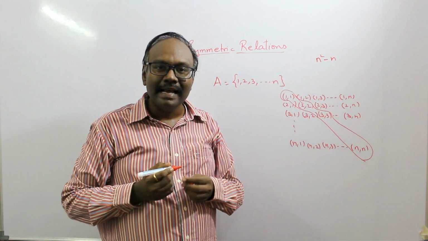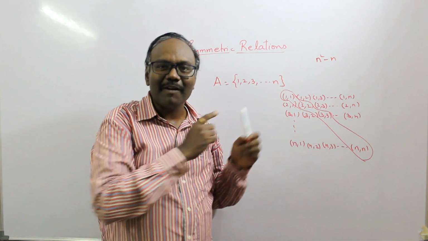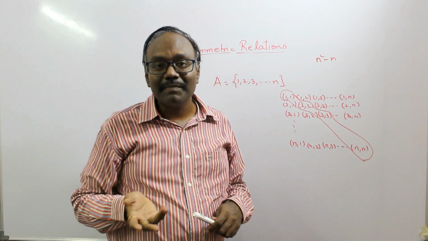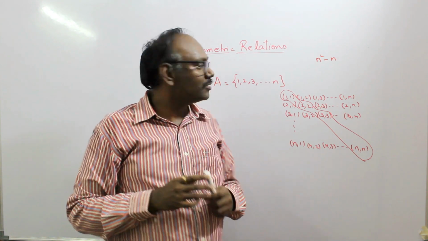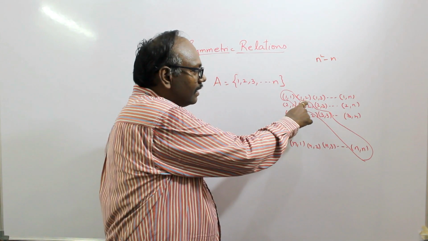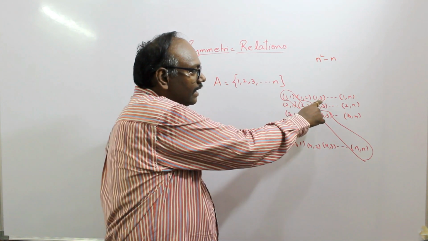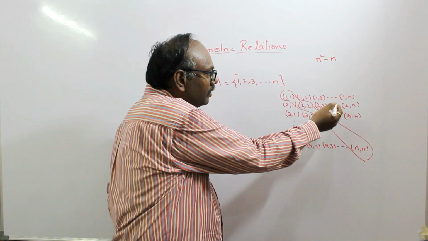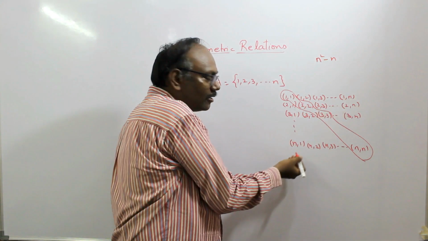And if you see these n squared minus n ordered pairs, you observe that half of them are exactly the swap of the remaining half of the ordered pairs. So as you have seen 1 comma 2 here, and you have 2 comma 1 here, and here you have 1 comma 3, and here you have 3 comma 1. Similarly, you have 1 comma n and n comma 1.